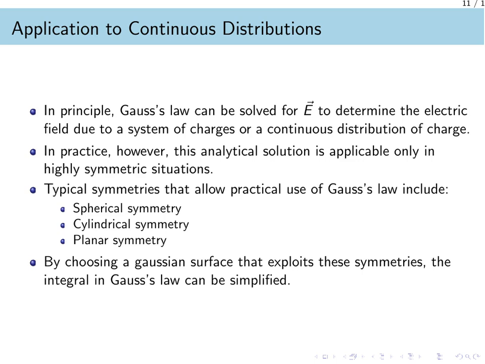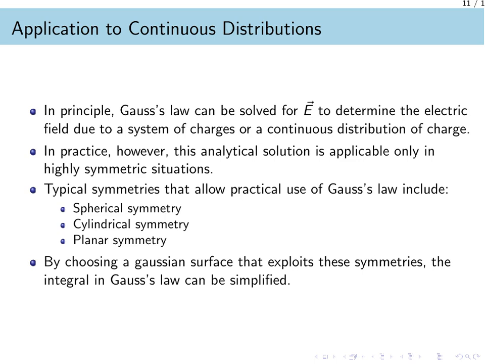In principle, Gauss's law can be used to determine the electric field for any system of point charges or any continuous distribution of charge. You would simply set up the surface integral and solve for the electric field. However, in practical terms, performing this analytical solution is only feasible in situations that possess a very high degree of spatial symmetry.